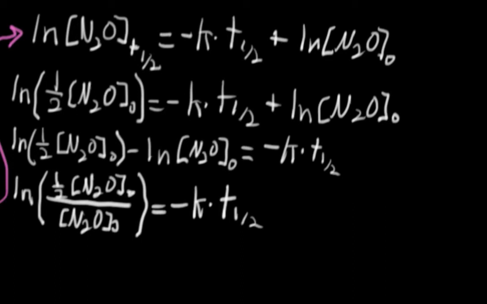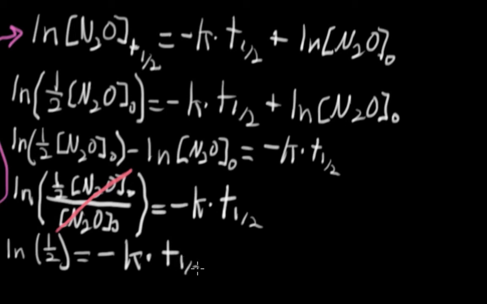And here is a nice little trick where we cross out the initial concentration of N2O gas because it appears both in the top and bottom of this fraction. So we get the natural log of 1/2 is equal to negative k times T1/2.